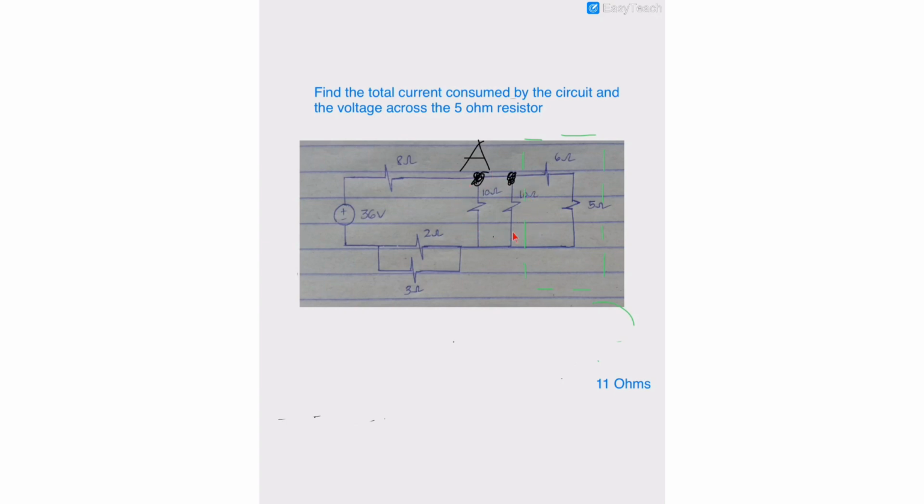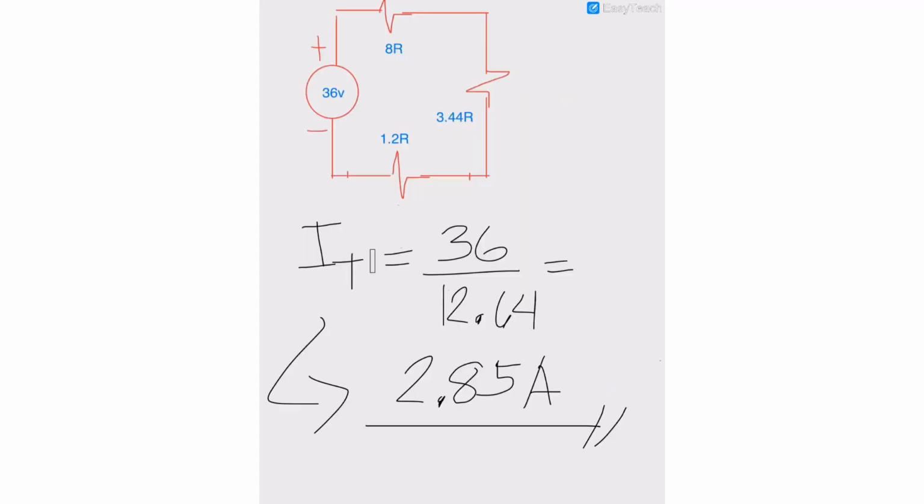These two resistors are in parallel, so we can apply product over sum to make it a single valued resistor. That is 10 times 10 over 10 plus 10. So that is 100 over 20, which is equal to 5.